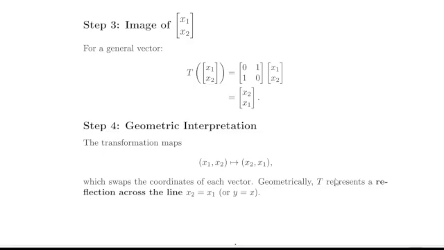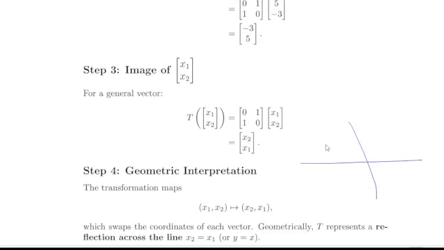And so what does this mean on a graph? Well, if you're not sure what it means, just take the example we had. We go up here, we had 5, negative 3. That became negative 3, 5.